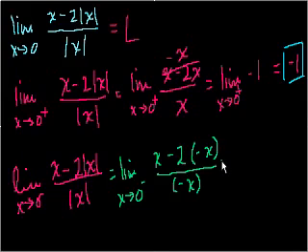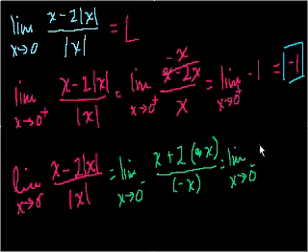And let's see if we can simplify that. So that means that the limit as x approaches 0 from the negative side, I get x minus 2 times negative x. So these negatives cancel out. So I get x plus 2x, right? So I get 3x over minus x.